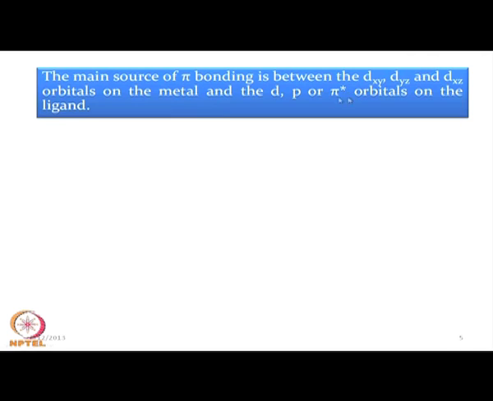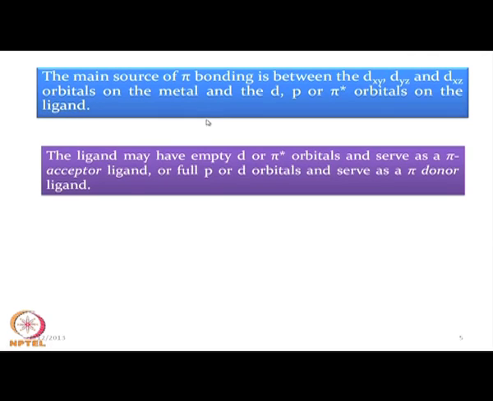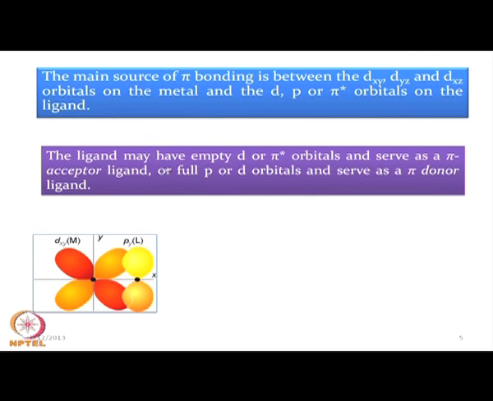Then we have seen that whether we have the pi type of orbitals, the corresponding pi star symmetry will also be there, and this can also be utilized for pi interactions. That means, pi bonding can be possible if we have the pi star orbital, that means the lowest unoccupied molecular orbital from the ligand side. So, if the ligand has empty d or pi star orbitals, it serves as a pi acceptor ligand.